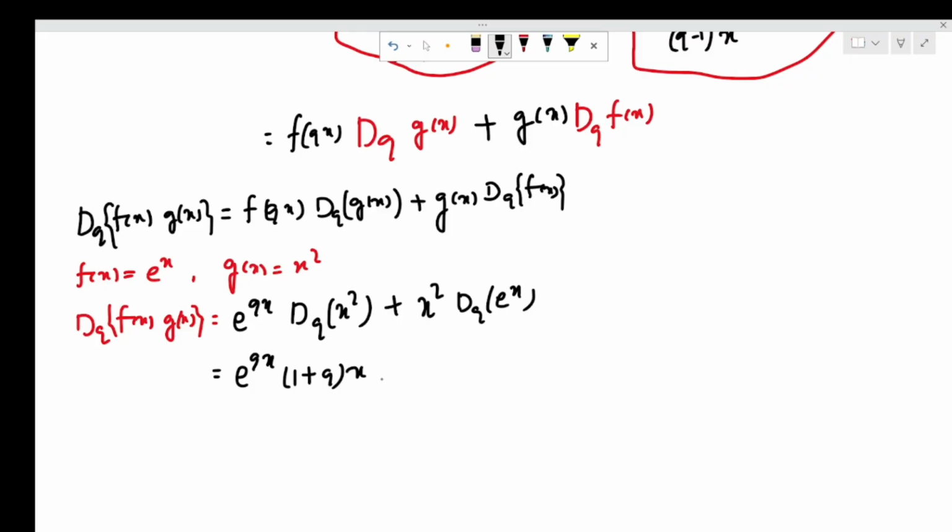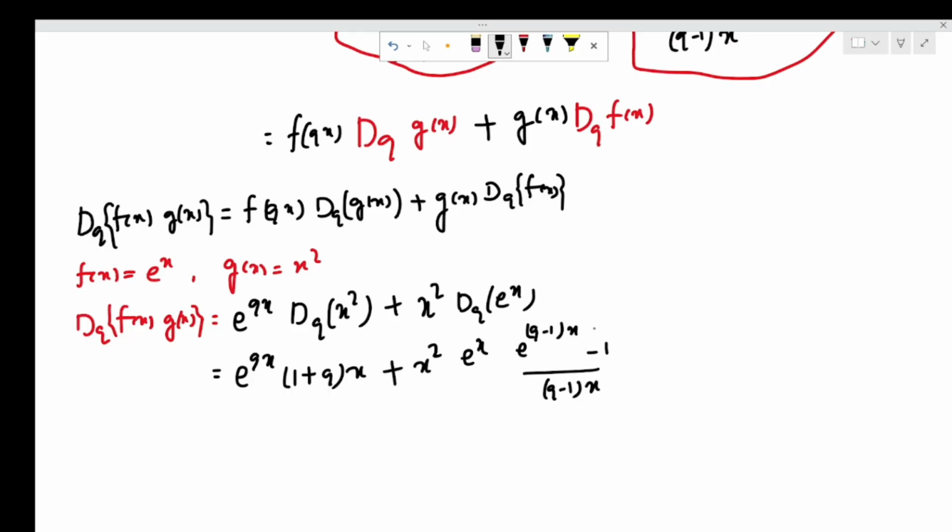For this, you can refer to my previous video where we found the quantum derivative of standard functions. So this will be x square, and D_q of e to the power x will be e to the power x into (e to the power (q minus 1)x minus 1) by (q minus 1)x. Okay. This is the final answer that we are getting.